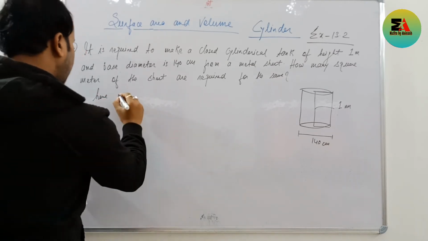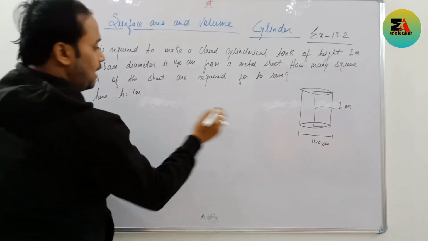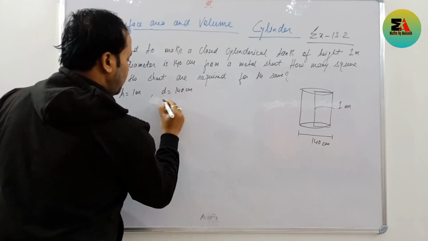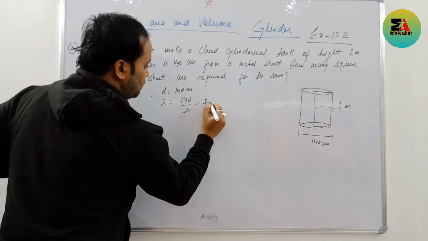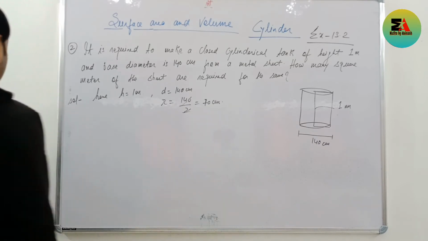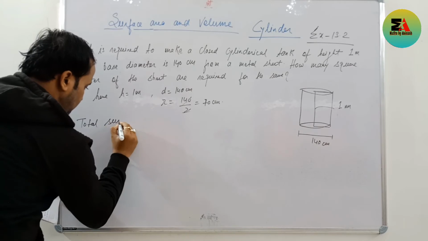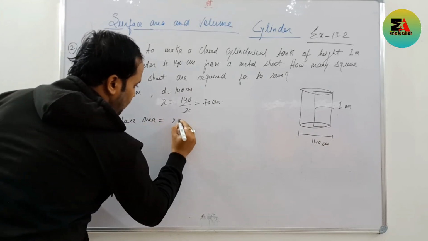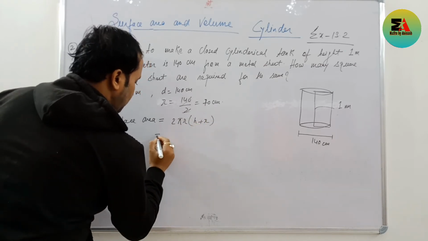Here h is 1 meter, diameter is 140 centimeter, therefore radius is 140 by 2, which becomes 70 centimeter. Therefore total surface area, we know that, is 2 pi r times h plus r.